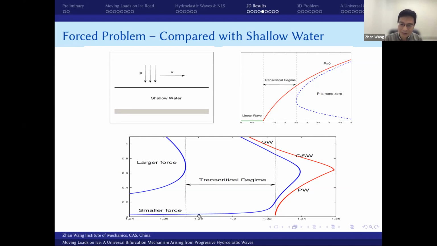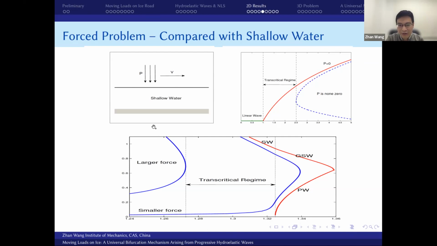Now if you add a forcing to the system, our problem is very different from the shallow water case, because if you add a small forcing, then you will not find this transcritical regime, because the small forcing solution fulfills the subcritical regime.